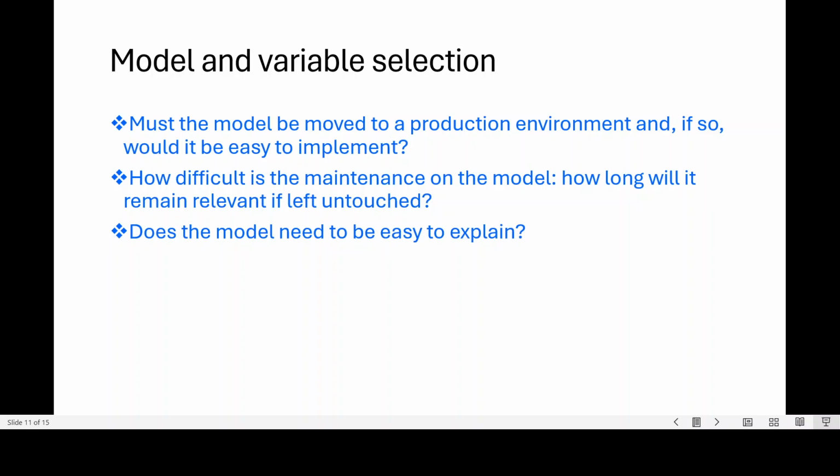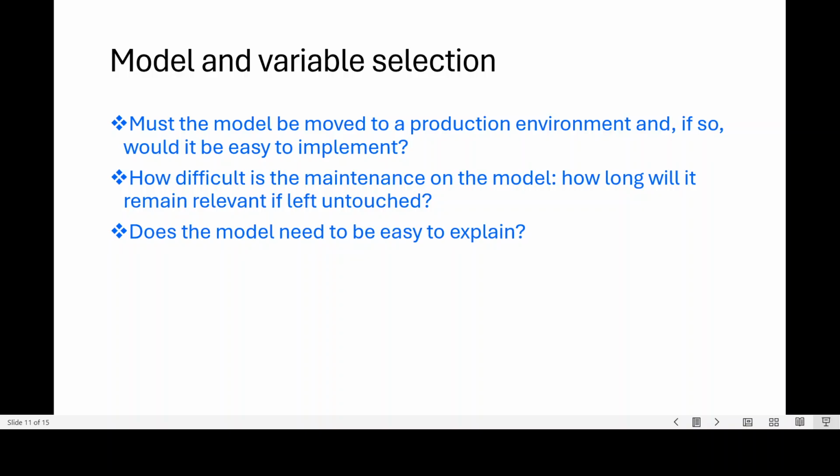So, model and variable selection. This slide discusses important considerations when selecting a model. First, we must determine whether the model will be deployed in a real production environment. If deployment is required, the model should be easy to implement and integrate into existing systems. Second, we should consider maintenance requirements.